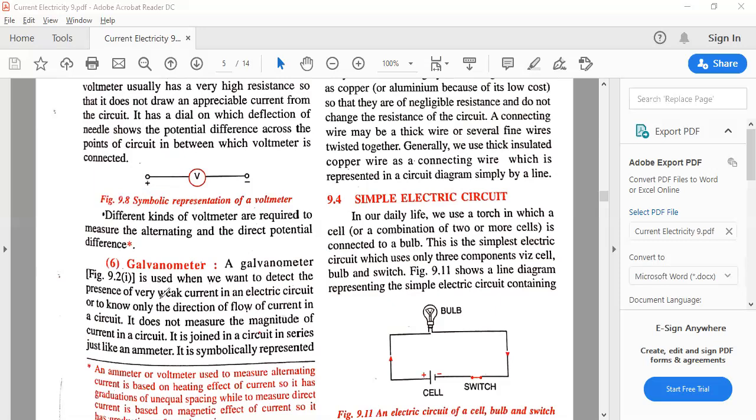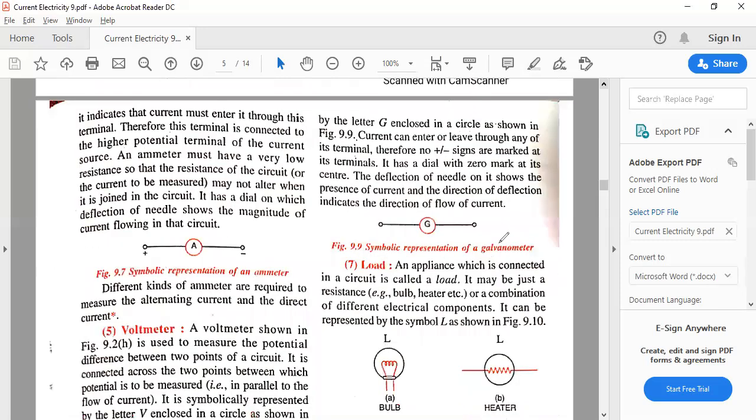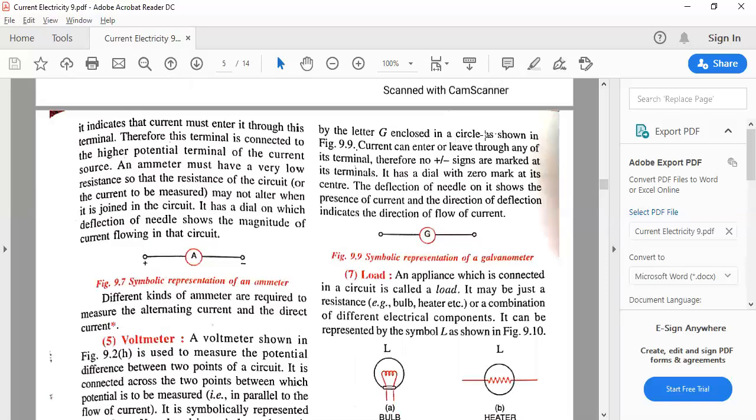It is just detection. This is also joined in the circuit in series, and it is represented by the letter G enclosed in a circle. Current can enter or leave through any of the terminals.